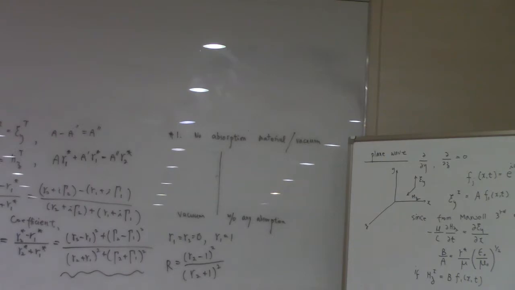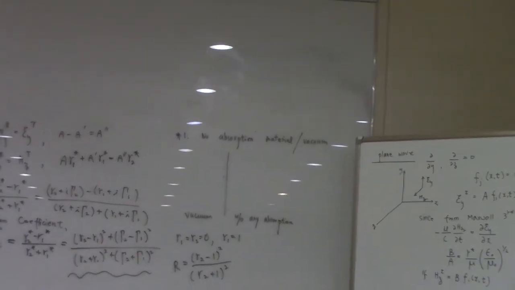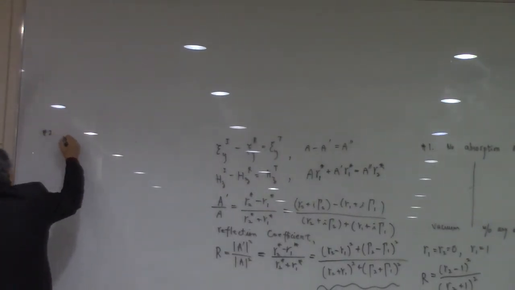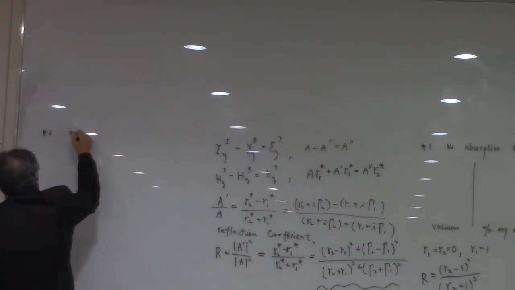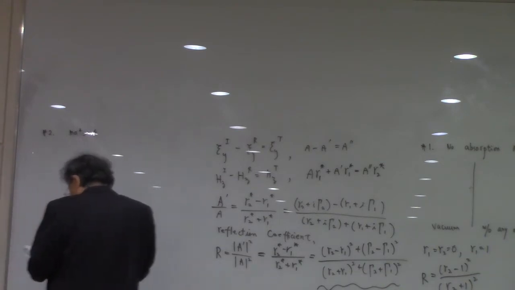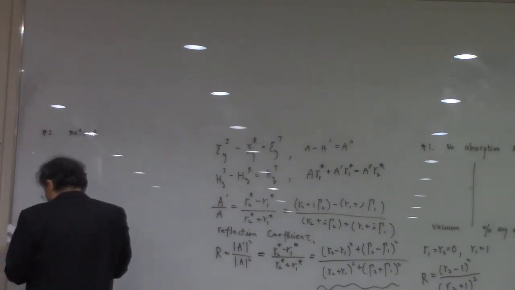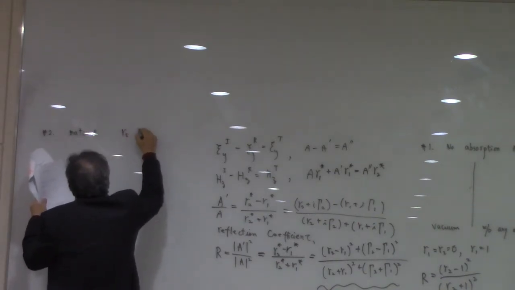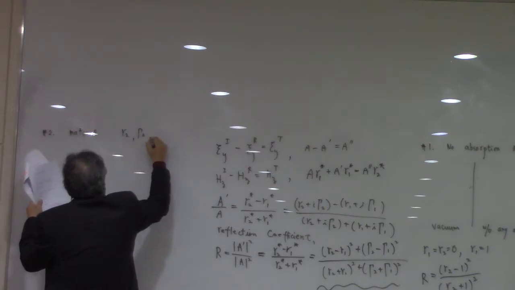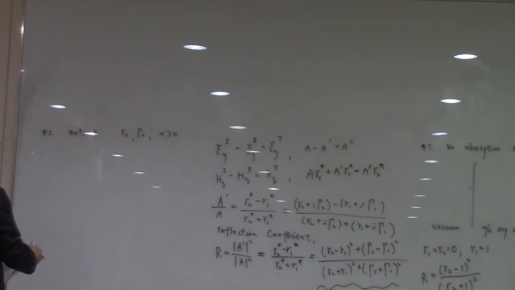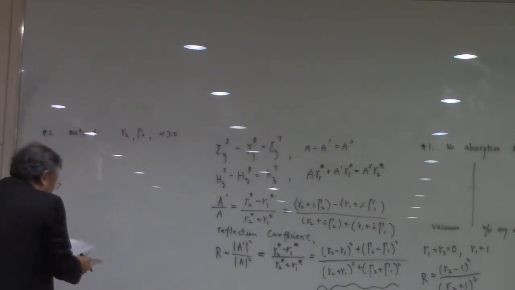And another common case where we have vacuum, but the material shows the absorption index. Material medium has the R2 gamma 2 and alpha is going to be greater than 0, which means the material really absorbs some of the light.